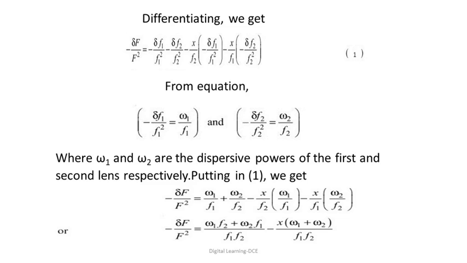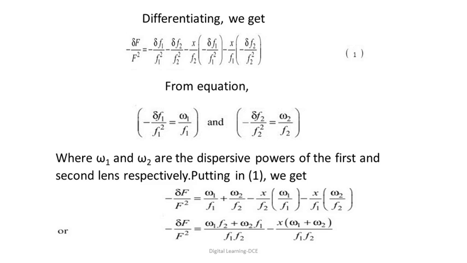Call that equation 1. From the previous equation which we have learnt in the previous sessions, minus delta f1 by f1 square is equal to omega 1 by f1 and minus delta f2 by f2 square is equal to omega 2 by f2, where omega 1 and omega 2 are the dispersive powers of the first and second lens respectively.